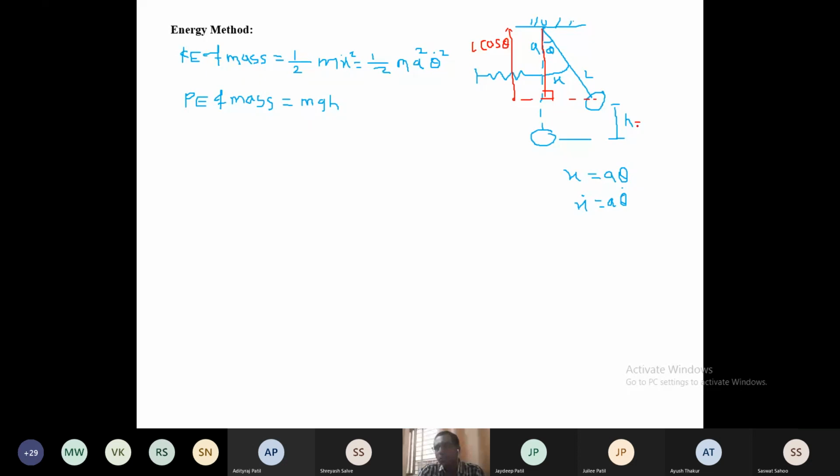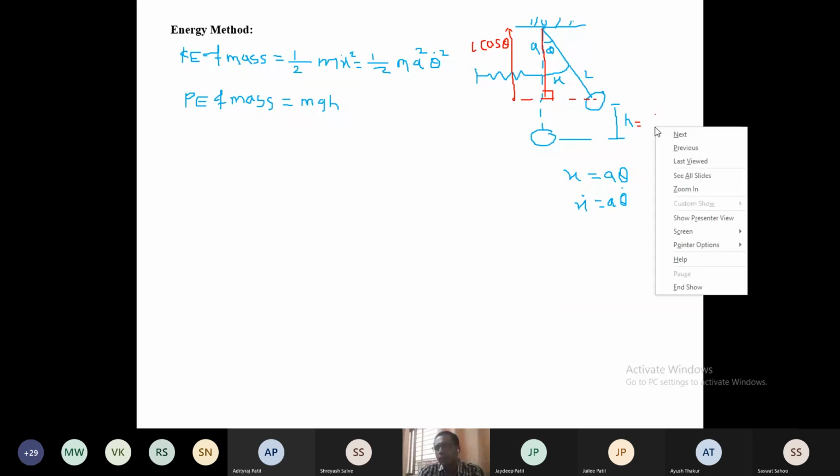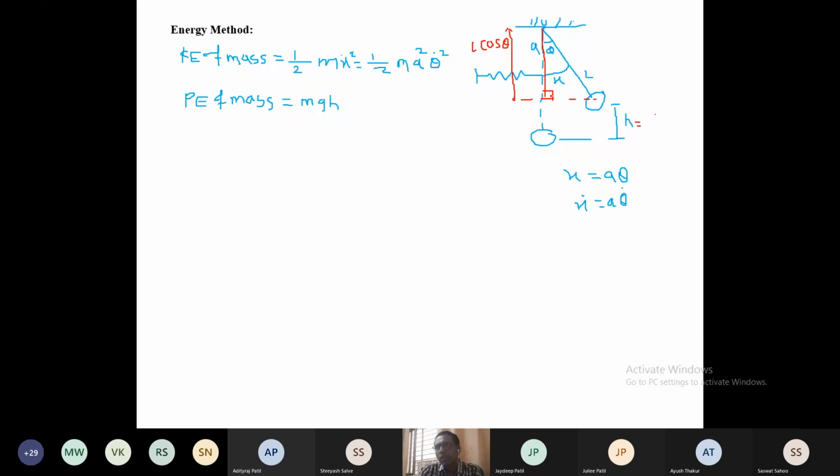Means h, the height or lift of the mass, is equal to L minus L cos theta. Okay, I have to put this value of h here. Means you will get here mg(L minus L cos theta).